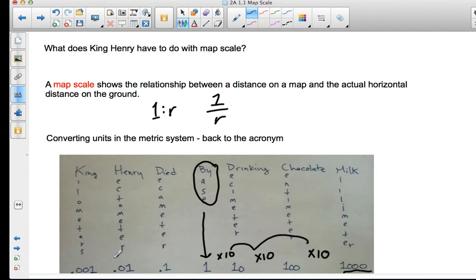Then if you want to get bigger, you'll notice that these values get smaller. 1 meter is 1/10 of a decameter, so you're dividing by 10, and then a hectometer, dividing by another 10, and then dividing by another 10.